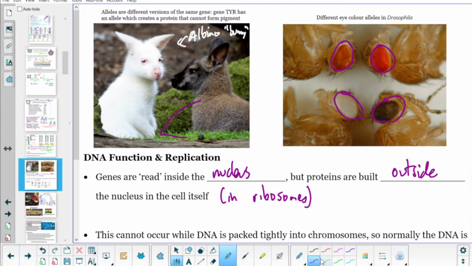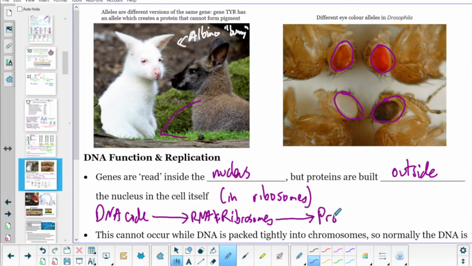So the process is DNA code. So we just need to know what's outside of the nucleus. RNA, we're going to go into that a little bit, but I'm assuming you've done some of this last year with organelles, RNA and ribosomes outside the nucleus. And then once you get it made, you get it turned into a protein. And from there, you get a trait or a phenotype.